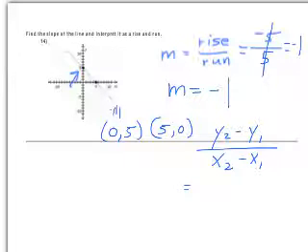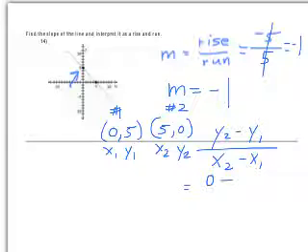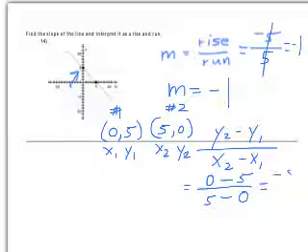This is number 1, this is number 2. This would be x1, y1, x2, y2. Okay, so my y2 is 0 minus y1, 5. Okay, x2 is 5 minus x1, 0. Again, negative 5 over 5, which equals negative 1.